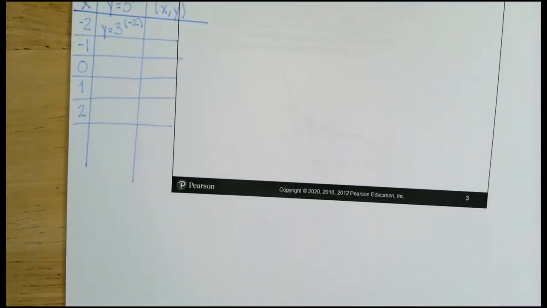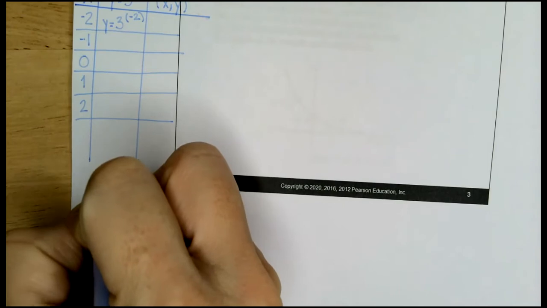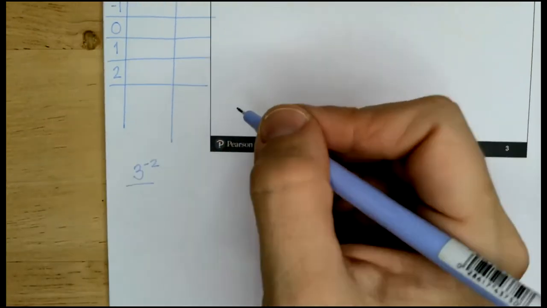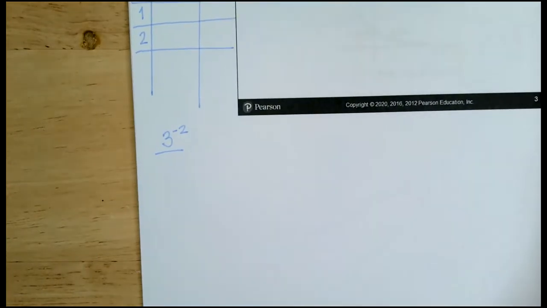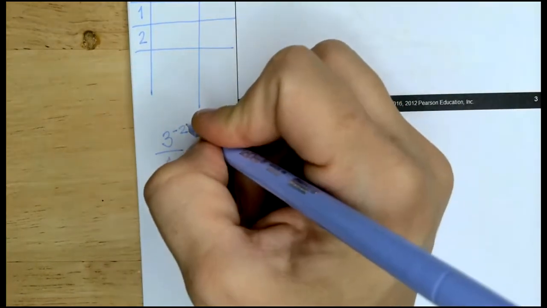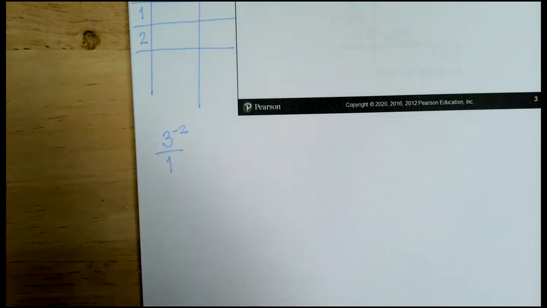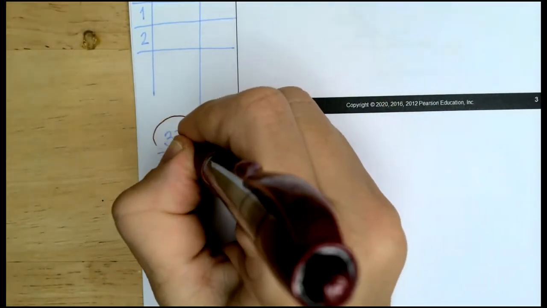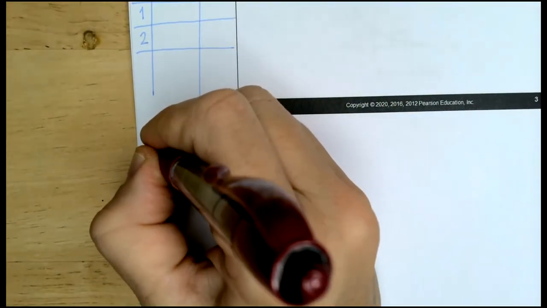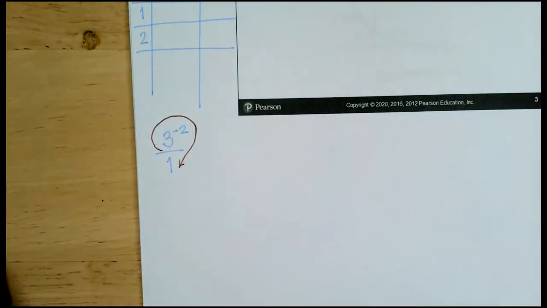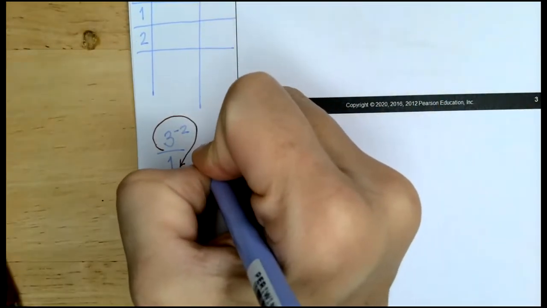So y will equal 3 to the -2, right? What do I do if I have a negative exponent? Remember, if you have a negative exponent, you can take that whole thing, move it to the other side of a fraction, and it will turn positive.